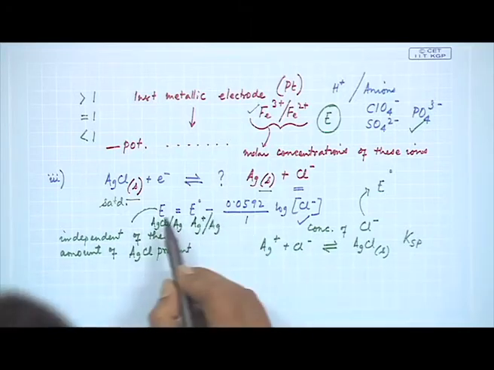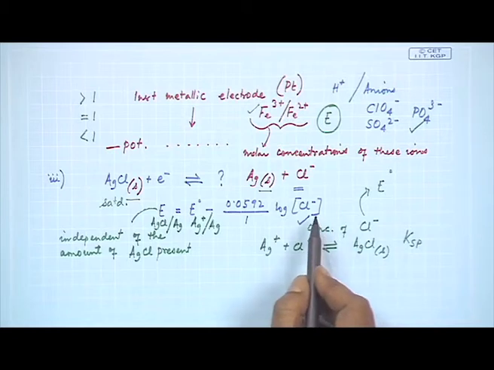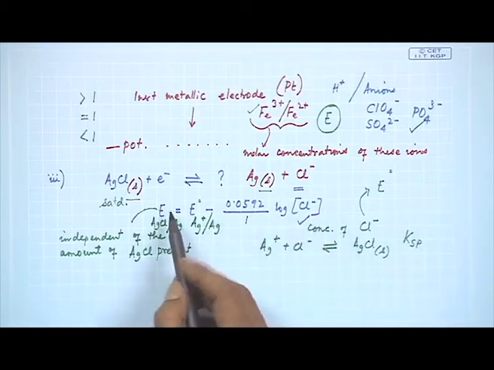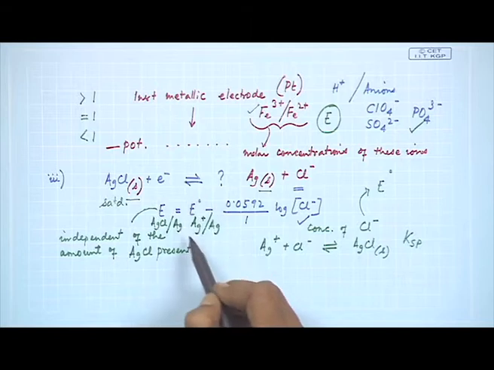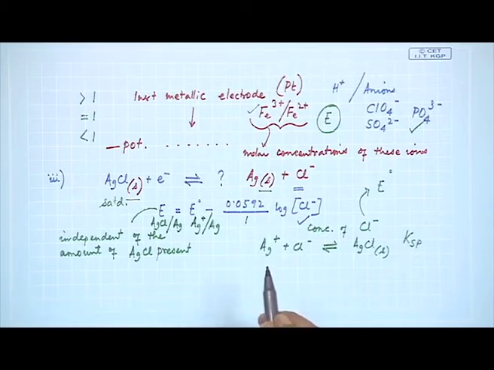So, these two things are different. Depending upon this situation, we now know the electrode potential, and taking into consideration the standard electrode potential values for the silver ion system, we can find out this particular one also.